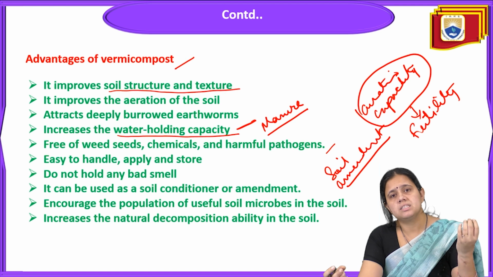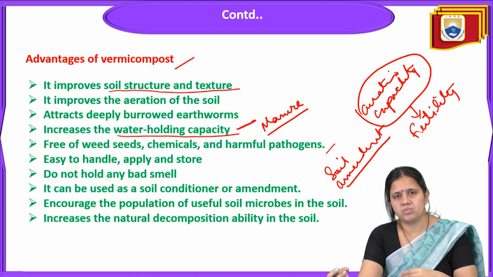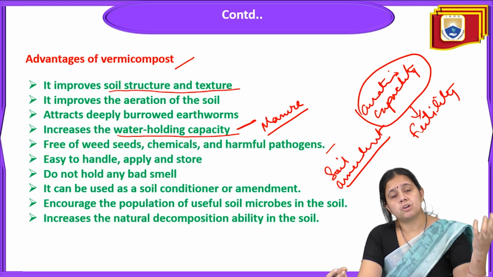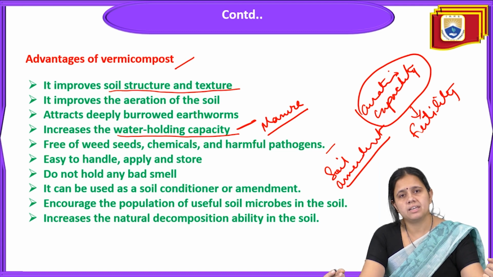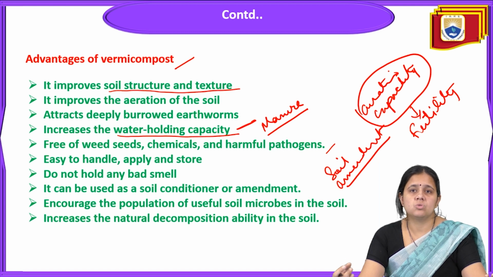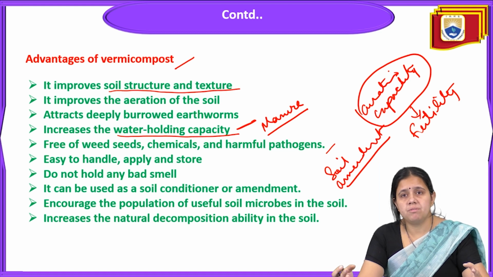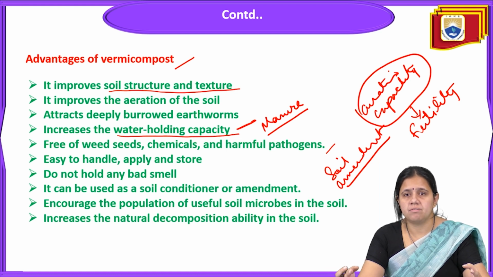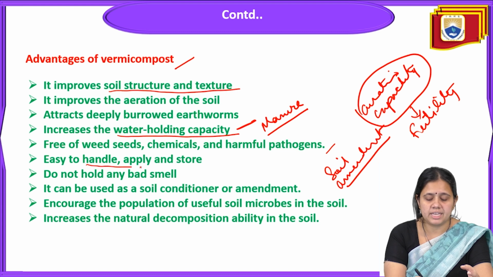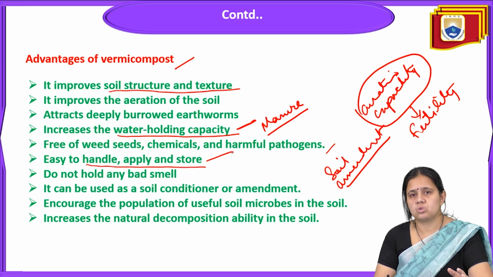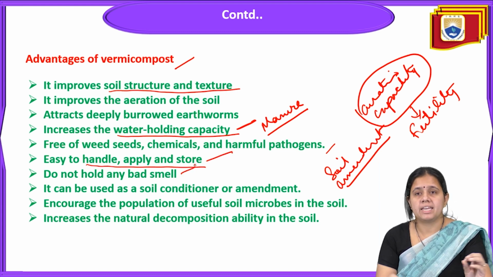When we are adding this type of manure, earthworms will automatically come. When the earthworms come to our field, they will degrade the organic waste and excrete it as vermicompost. And it is going to naturally increase the water holding capacity of the soil. In this way, the moisture content of the soil is increased, and it will be free from weeds, chemicals, and harmful pathogens, and it is very easy to handle, apply, and store, and it does not hold any bad smell.